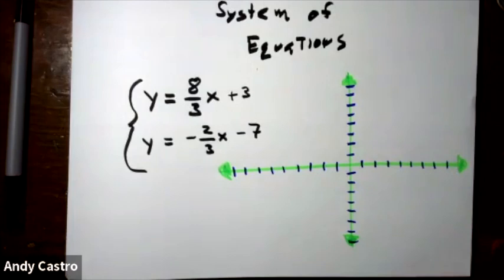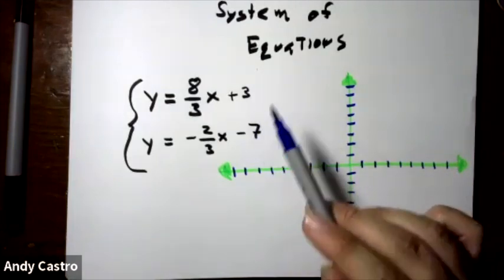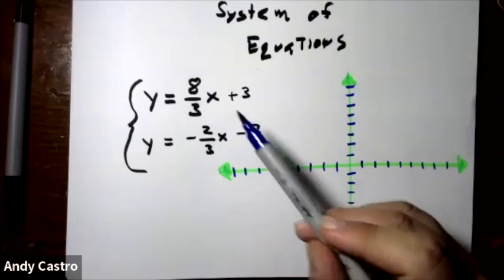All right, we can see that these are already in slope-intercept form.